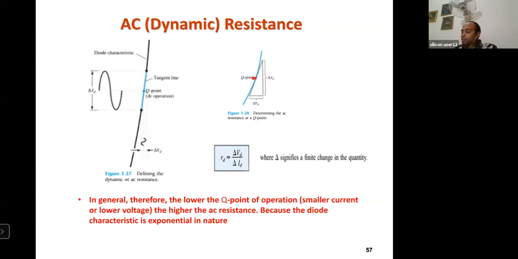So let us say my point of operation is this one, and I want to find out the AC resistance at this point. So I make a tangent at this point, and I calculate how much is the delta VD and how much is the delta ID. Okay, and I calculate the resistance in the same way.